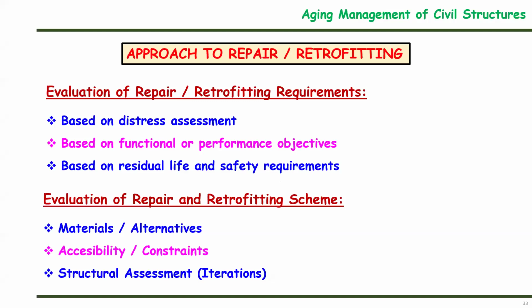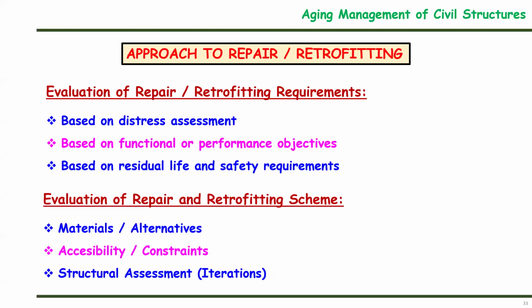Now, the repair and retrofitting requirements can be evaluated, as I told, based on the distress assessment. And for finding out the location of distress, we have to carry out the structural analysis. This can also be assessed based on the functional or performance objective, meaning what is going to be the function of the structure, what kind of performance you are looking forward to.